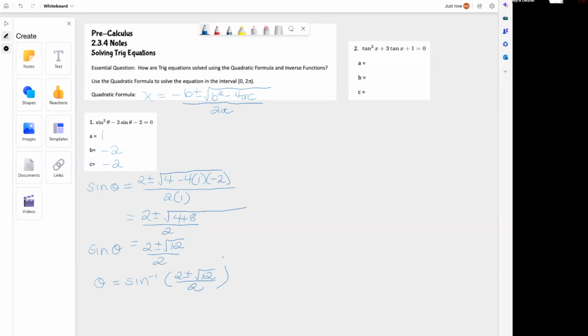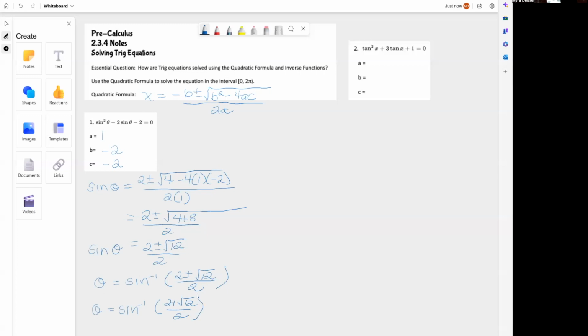So I need to pull out my calculator. We need to do these one at a time. So theta equals sine inverse of 2 plus the square root of 12 over 2.